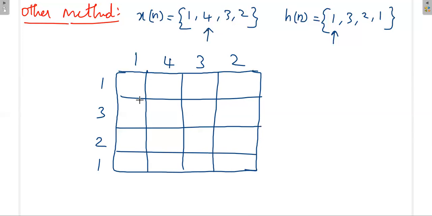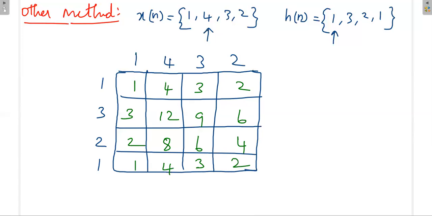Now you multiply this 1 with 1, 1 with 4, 1 with 3, 1 with 2. Again you multiply 3 with all these numbers: 3, 12, 9, 6, then 2, 8, 6, 4, then 1, 4, 3, 2. Now just put lines like this.